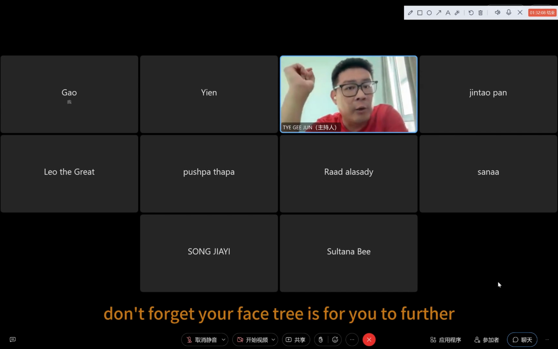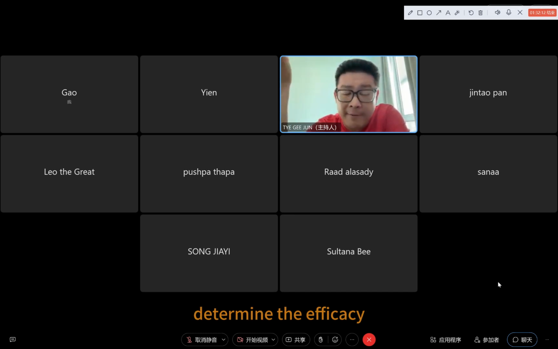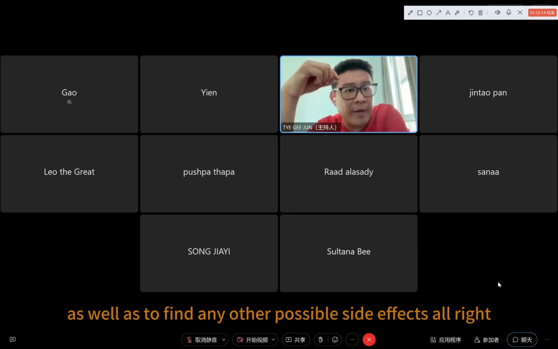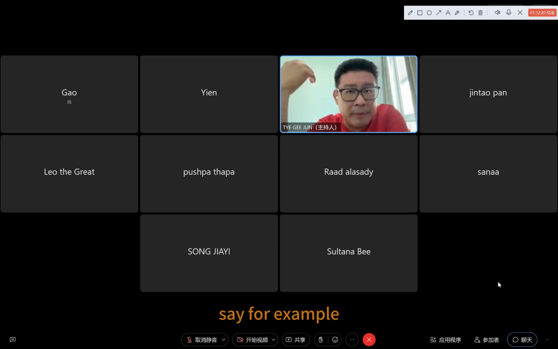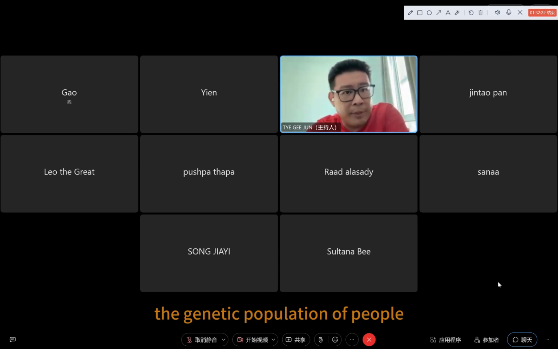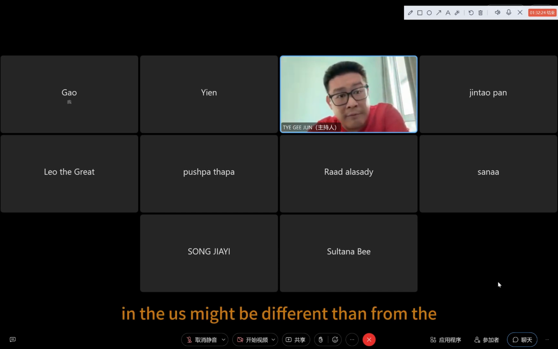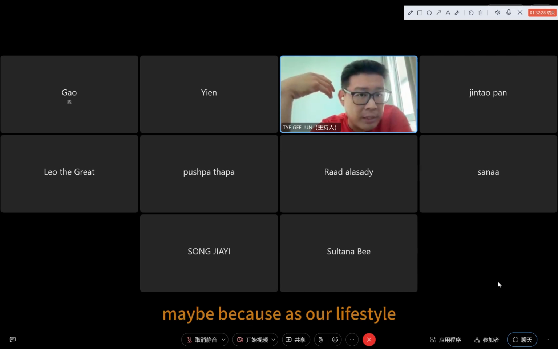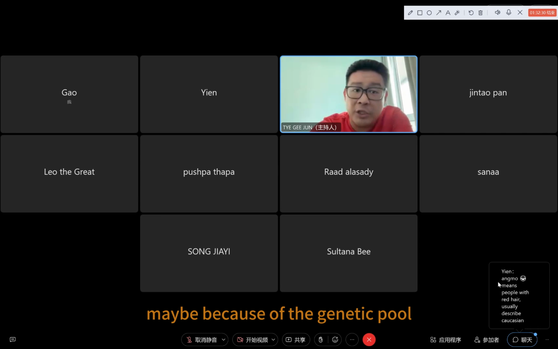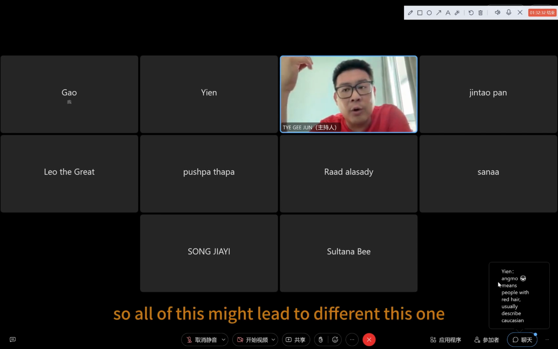Don't forget, phase 3 is for you to further determine the efficacy, as well as to find any other possible side effects. So that's why you have to put it in multiple populations. For example, the genetic population of people in the US might be different from the one in Malaysia. Maybe because of our lifestyle, maybe because of the genetic pool. So all of these might lead to differences.